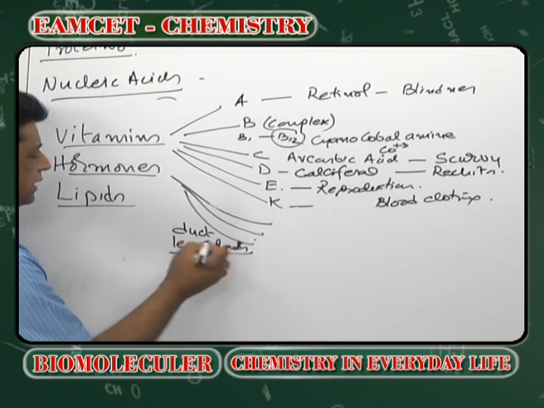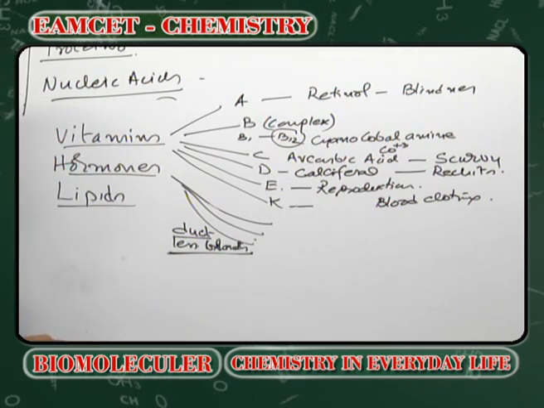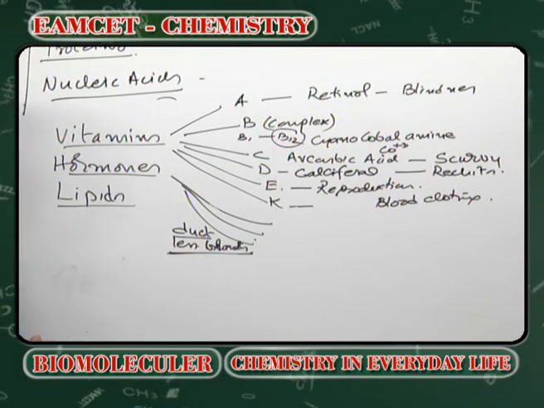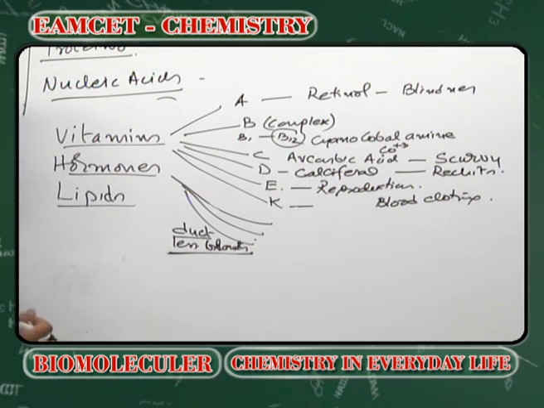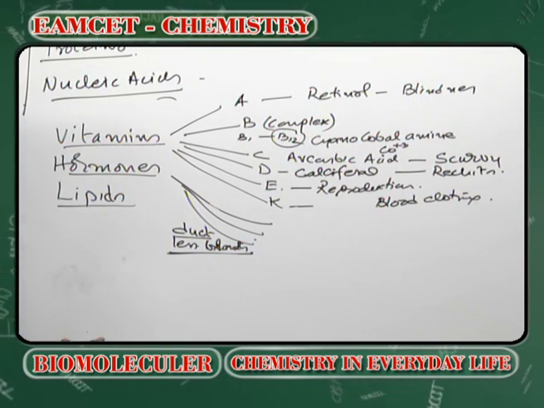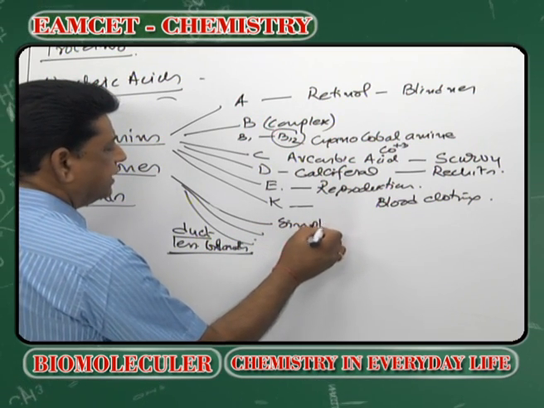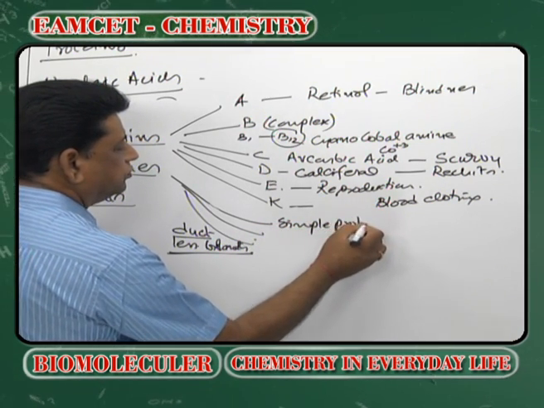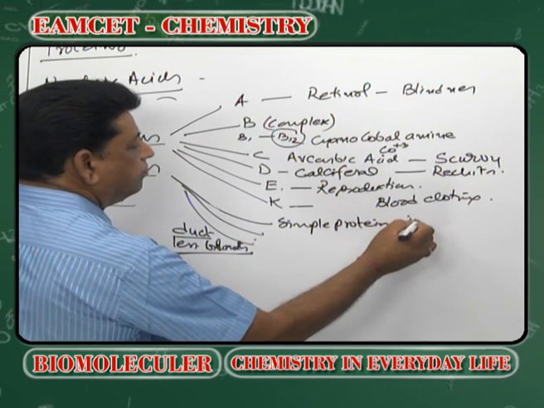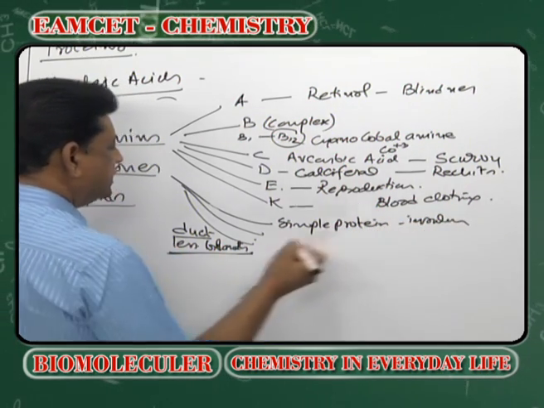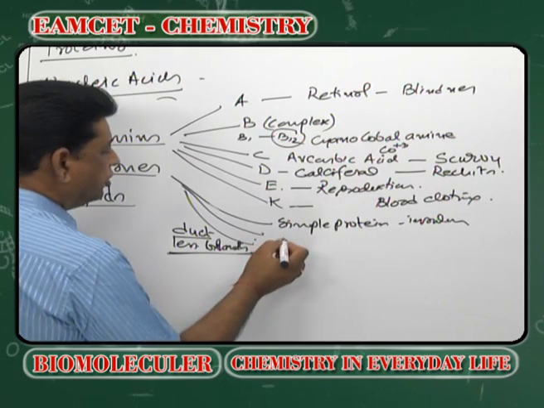Hormones are secreted by the ductless glands, like the pancreas creates insulin, and they are biologically very important. Some hormones are simple protein molecules, like insulin. Some are steroids.